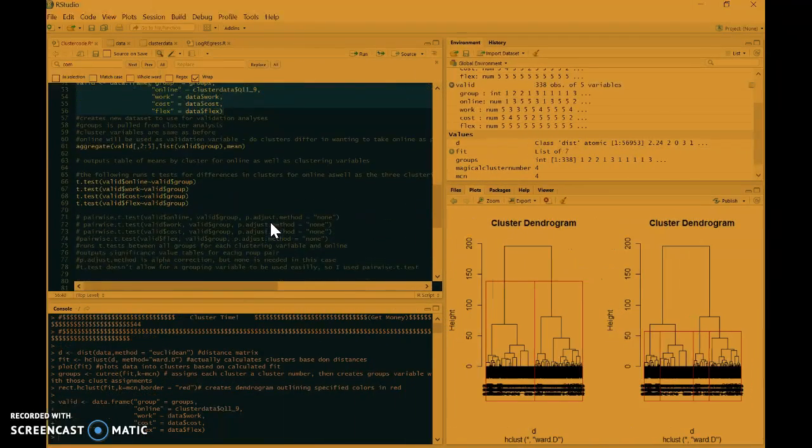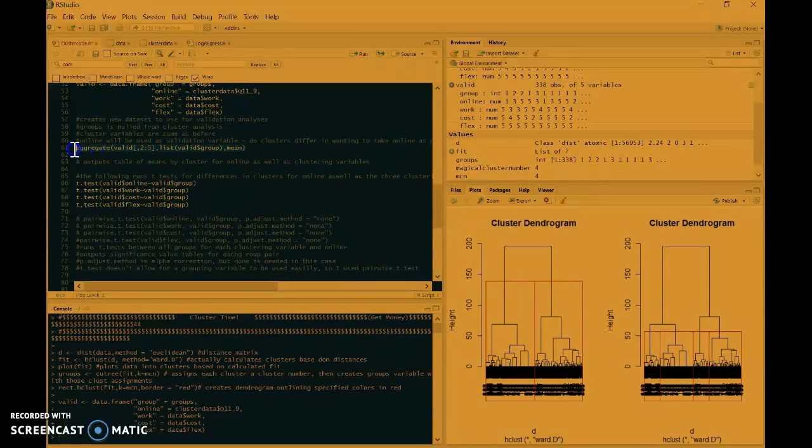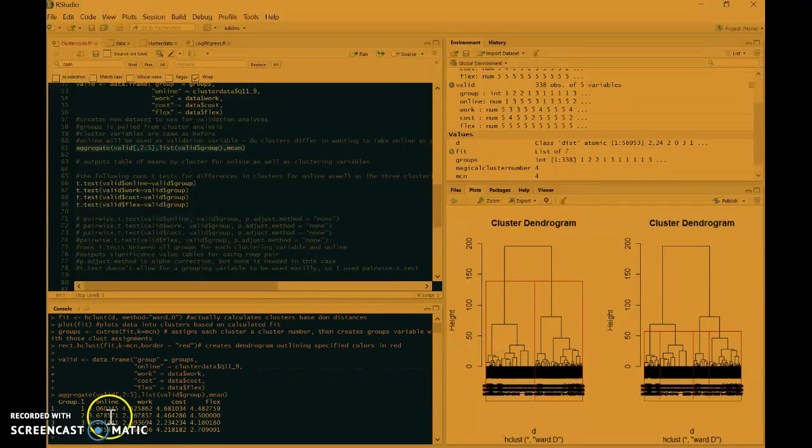What we're really interested in is how do these differences work, and so t-tests aren't going to work anymore because we've got 4 groups. So let's run our means again. Control enter. Cool.